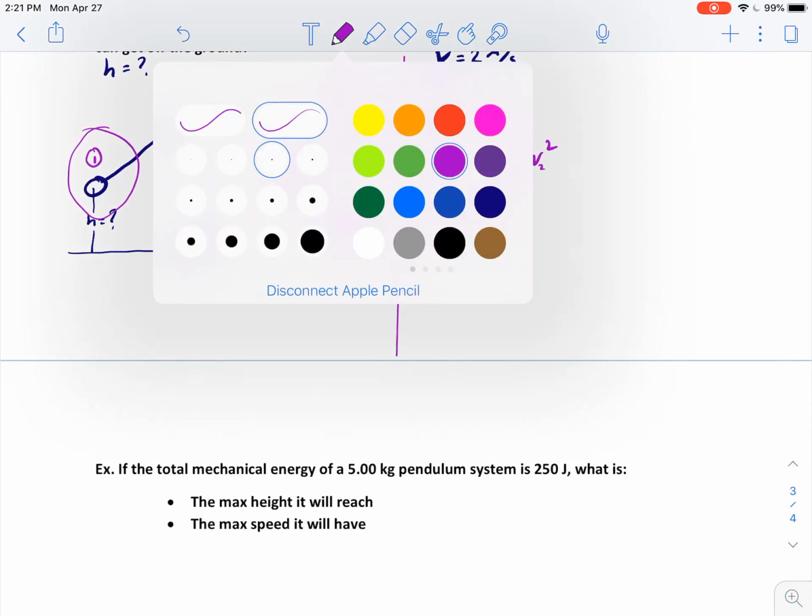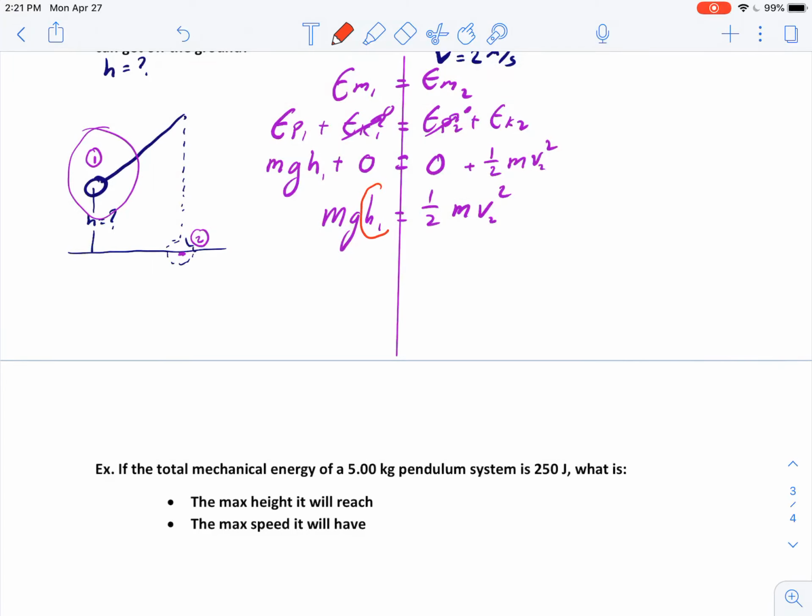We want to solve for this h here. So we'll divide mg from both sides. You get h is equal to 1/2, the masses cancel, times v2 squared divided by g.